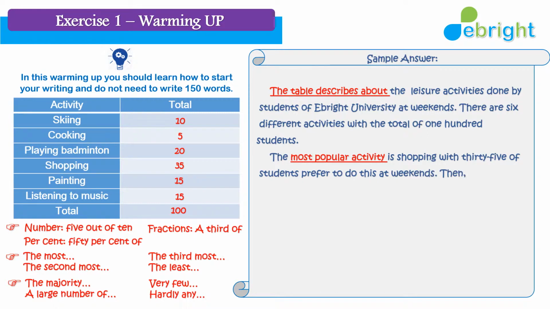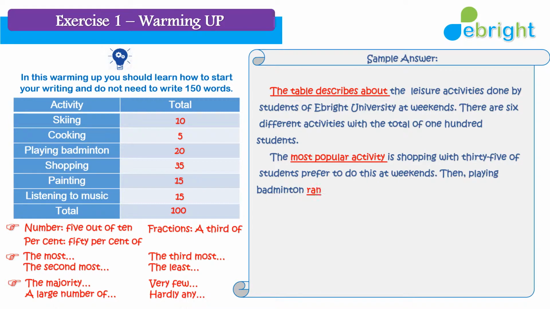Great, full stop. And then let's proceed with the second most popular, and then we can change the format. For the first sentence, I decided to put the adjective first. The most popular activity is, and then the activity, which is shopping. Now I would like to type then playing badminton.